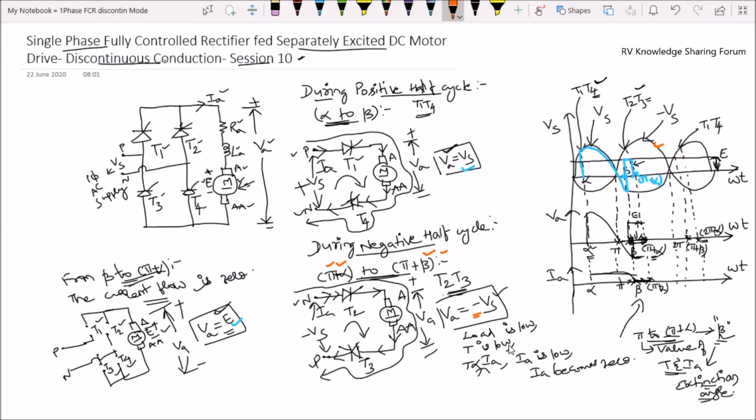So this is our angle pi plus alpha, and this negative of the supply voltage has to be followed till pi plus beta. So now let us draw this separately in our output curve.